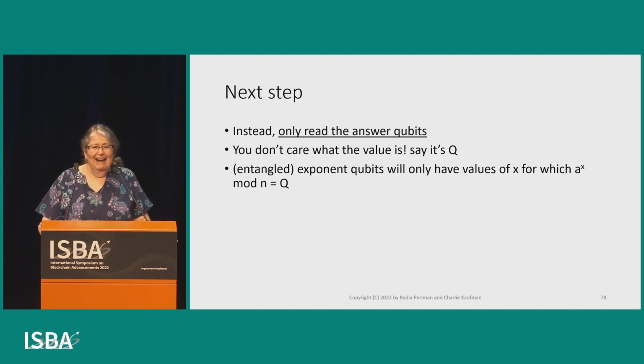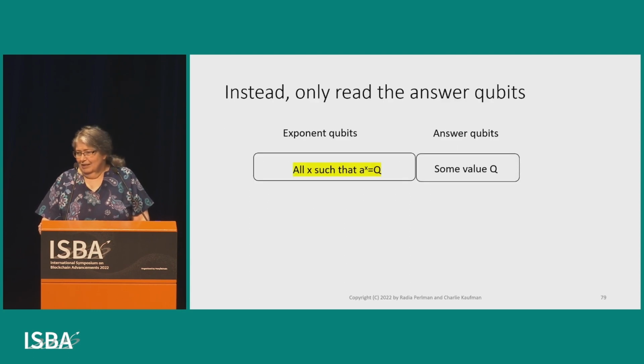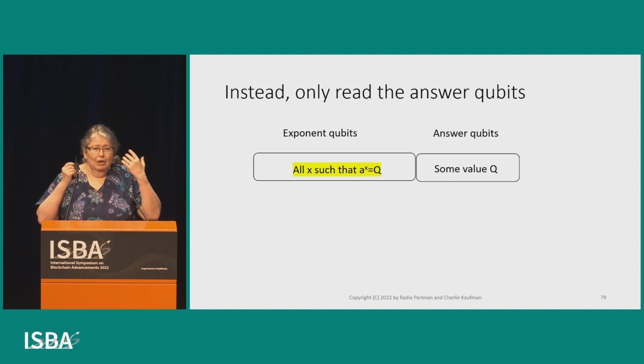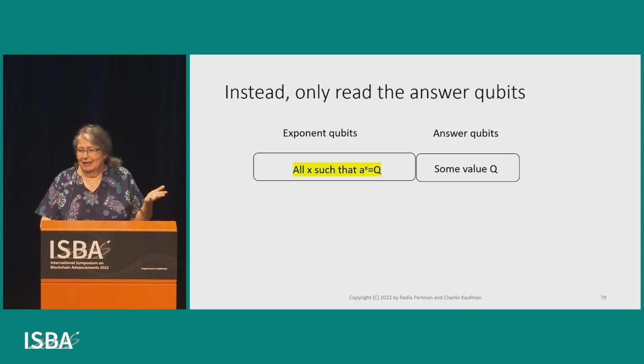Everything else goes away. The only x's that remain are x's such that a to the x mod n equals q. So in the exponent qubits, the only superposed values are values of x such that a to the x equals q, because you read some value q in the answer qubits.